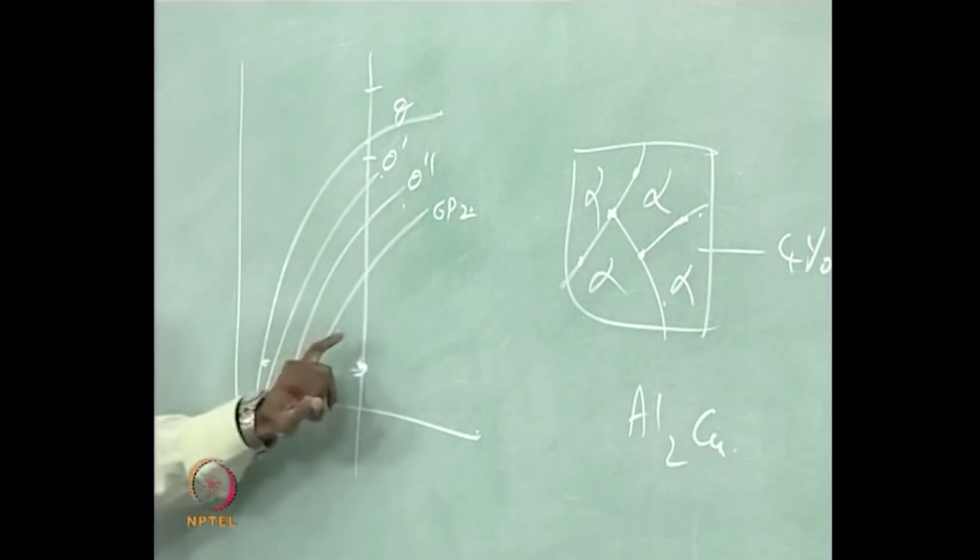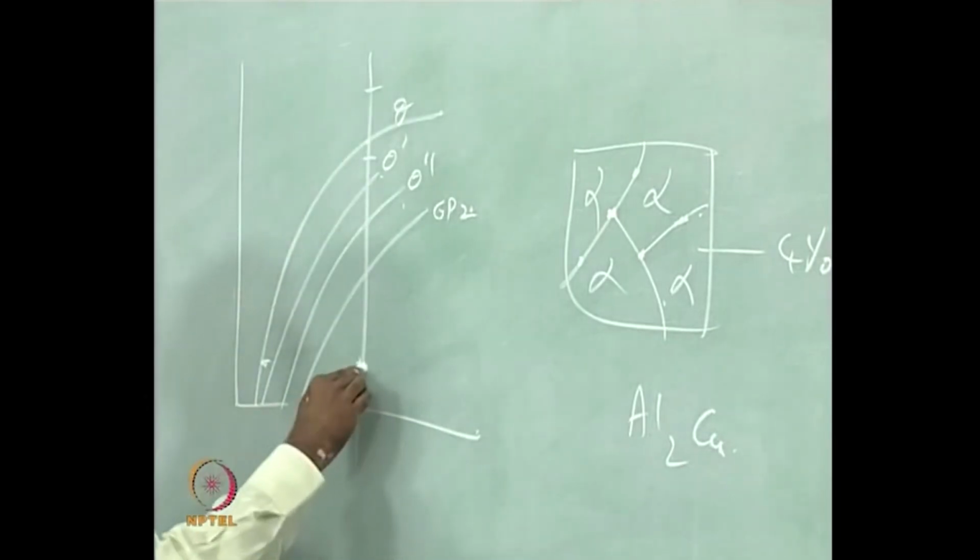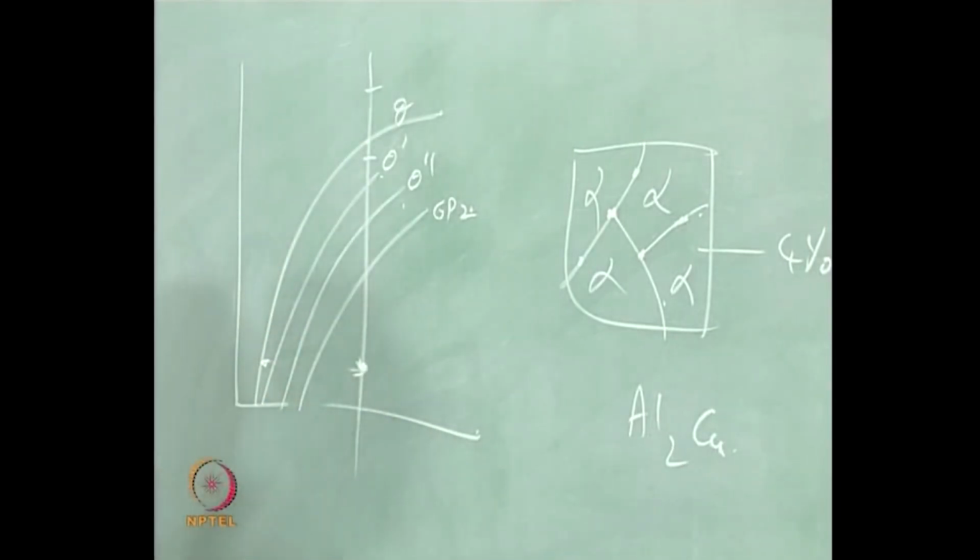So depending on where your alloy is, the temperature coordinate and the composition coordinate, you will have a particular phase with sufficient driving force to nucleate. You also need a driving force.